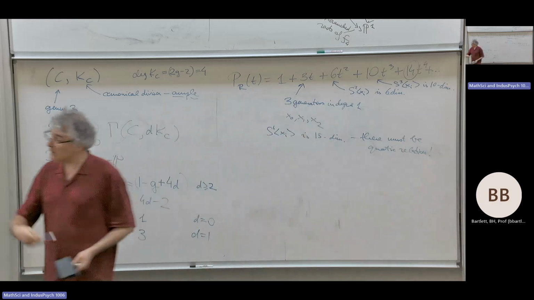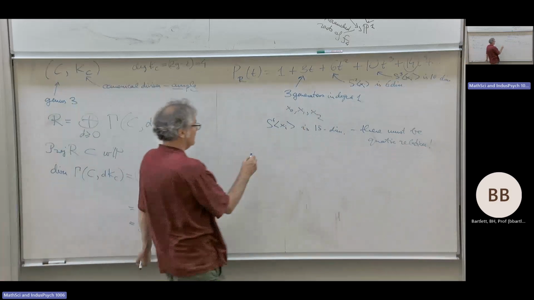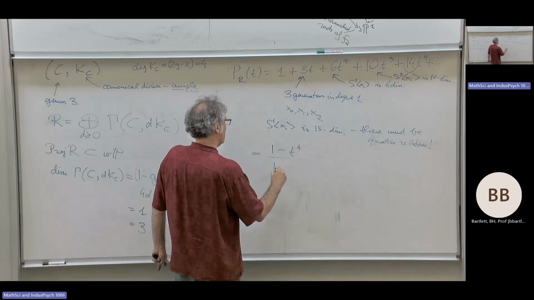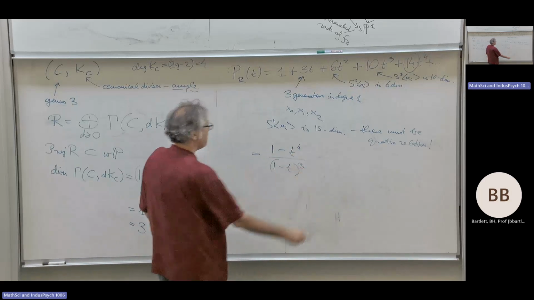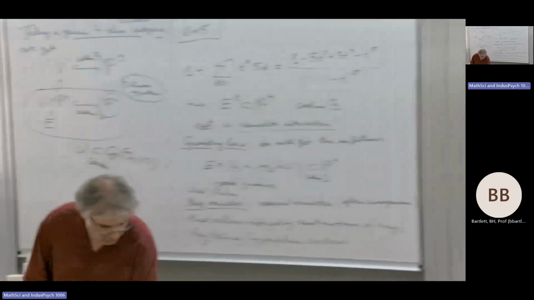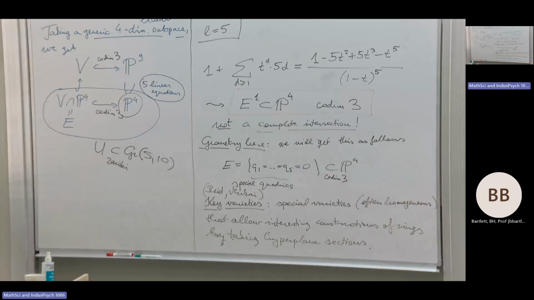So this is a story. I told you a story, but to check the story, you can actually sum up the series, and indeed, the answer is 1 minus t to the 4 over 1 minus t cubed. So this is consistent with my story that I have 3 generators in degree 1 and a quartic relation.